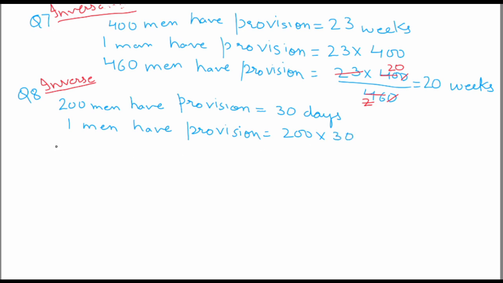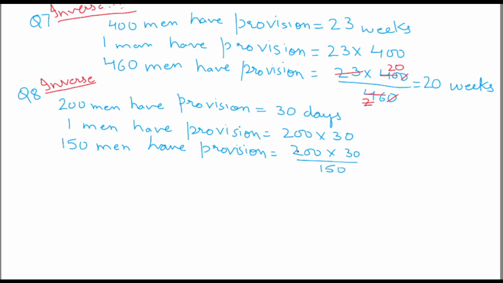Now they say 50 people left. So 150 men. For the 150 men we have to find out. So 200 into 30 by 150.